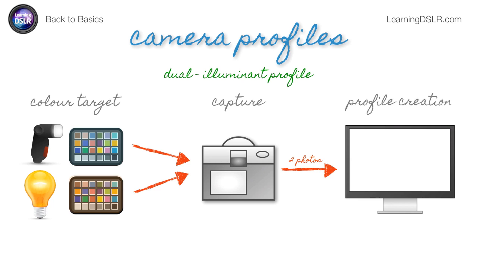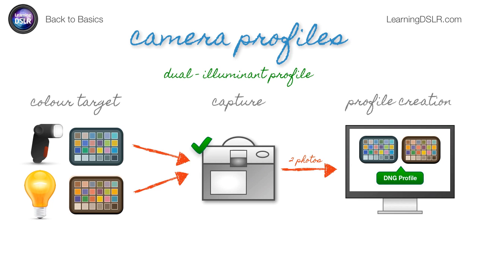And what you do is you take those two photos and feed it to the exact same software, and you're making another profile, but it's called a dual illuminant profile. And what that's doing is it tells the software, here's a range of situations, very bluish light to very warmish light, and look at how my camera is reacting to that.